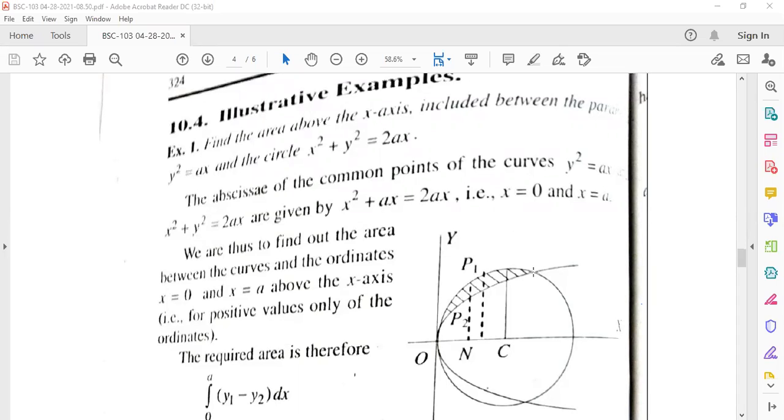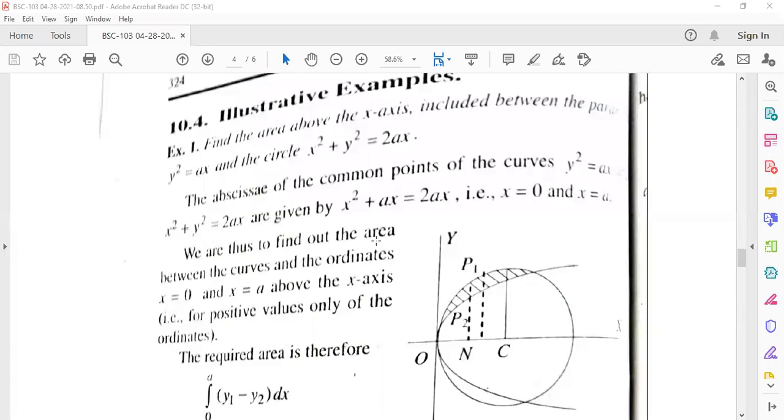So here we got x equal to 0, x equal to a. If we put x equal to 0, then we get y equal to 0. If we put x equal to a, then we get y equal to a. So we got one point that is 0, 0, and another point a, a. This is understood? So we got two points for the first quadrant.